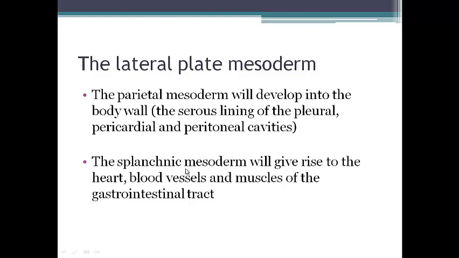The splanchnic mesoderm, which is the other layer, the layer that's found lower down, will end up becoming the heart and its blood vessels, so the aorta and all those things, plus the muscles of the GIT. Okay, so essentially the internal organs, or some of the internal organs, not all of them. So, again, you just need to know what each one becomes. The details will be taught to you later on.